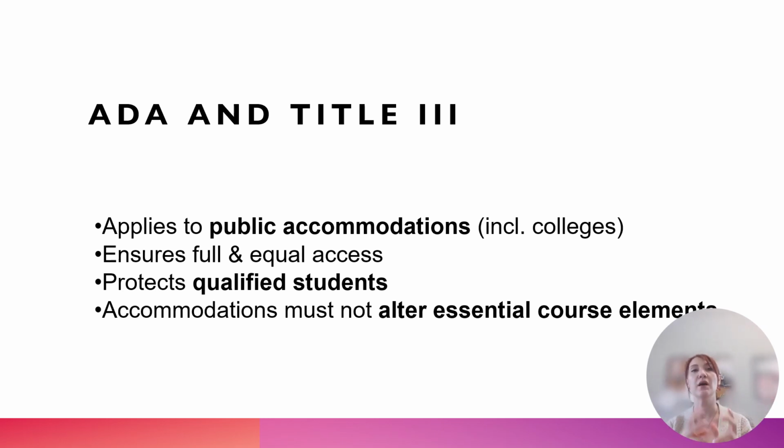It protects otherwise qualified students in their access to all of the college experience. The caveat is that it is not designed to alter the rigor of courses or the essential course elements or learning objectives of any courses. This law is really about creating a level playing field for all students, not giving any one particular person an academic advantage.